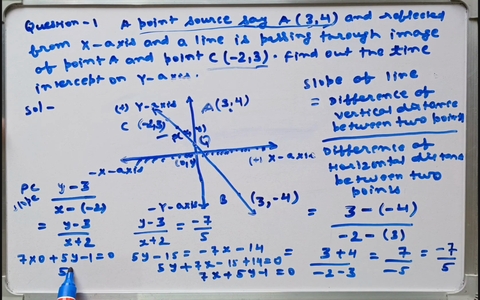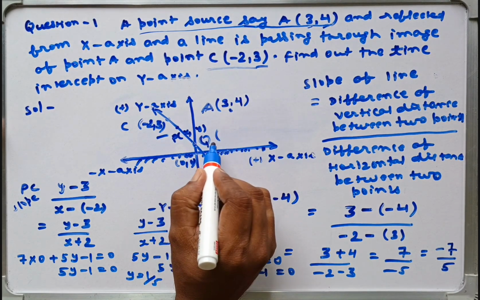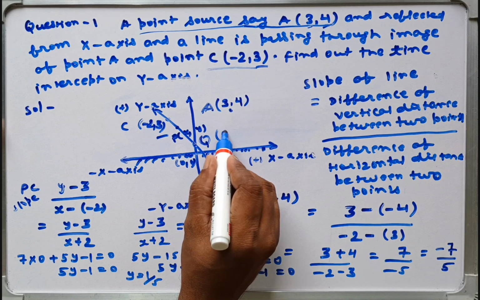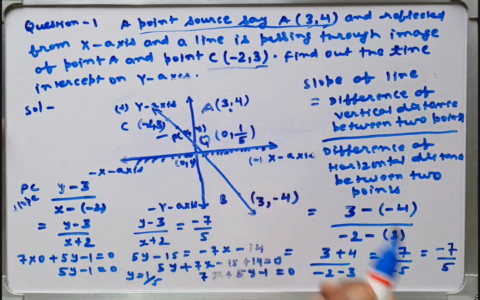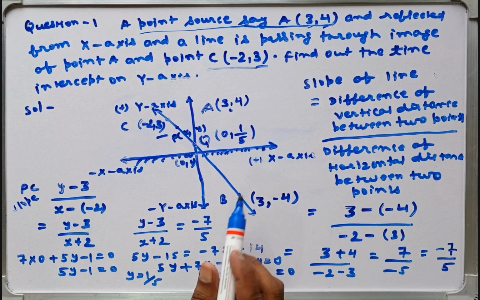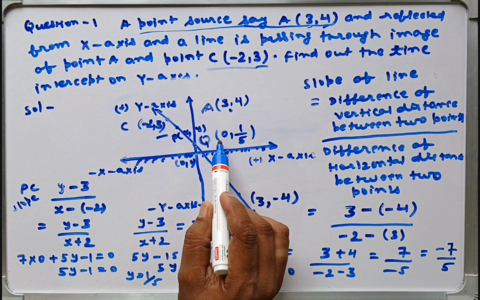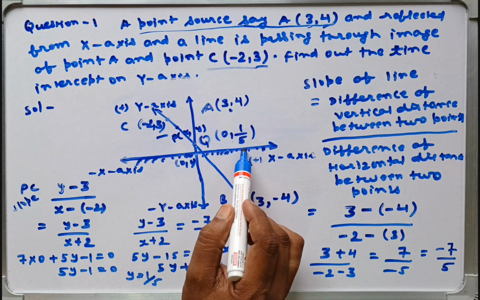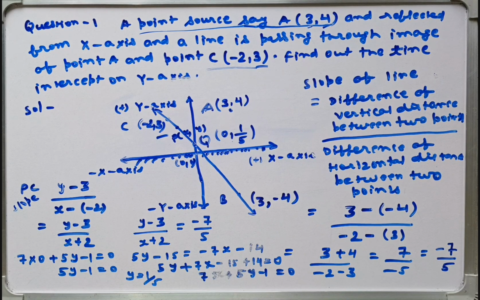So 5y minus 1 equal to 0, so y equal to 1 by 5. So the coordinate of point Q will be (0, 1/5). So you can say this straight line intercepts the y-axis at point Q whose coordinate is (0, 1/5). This is the solution of this question.